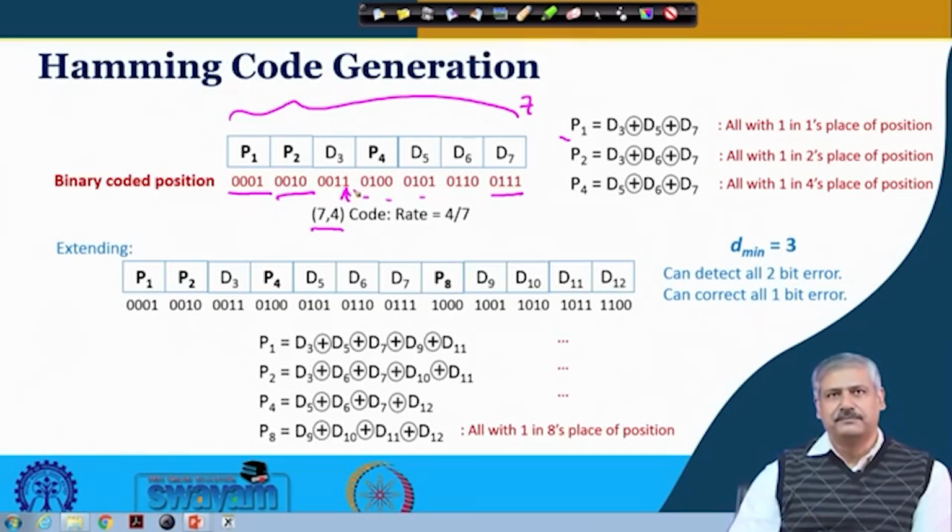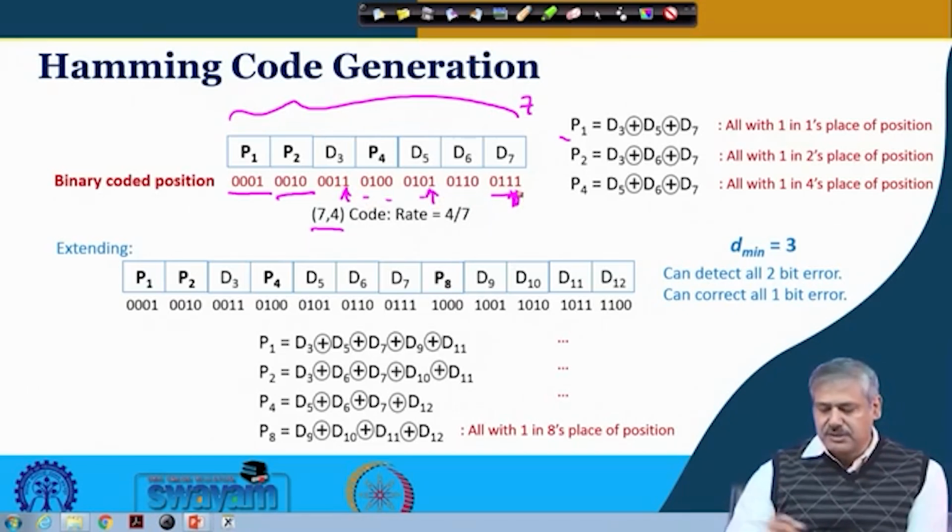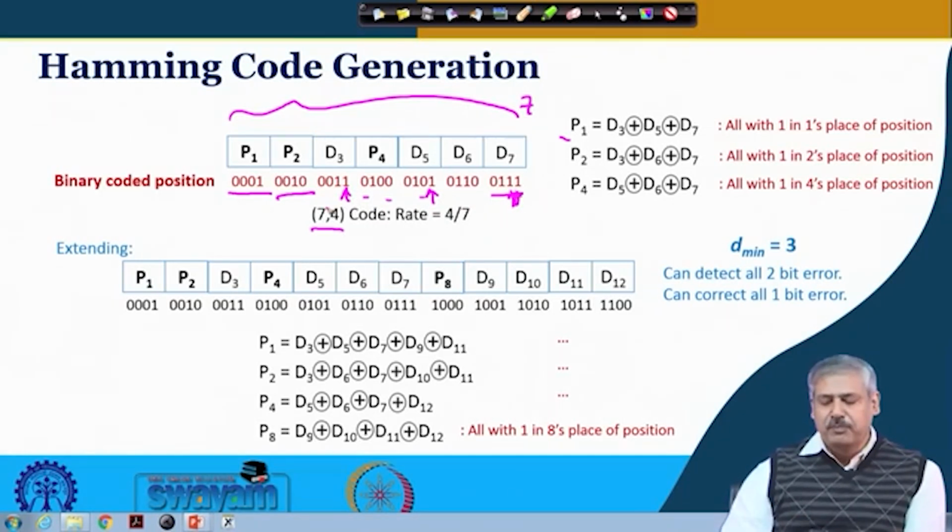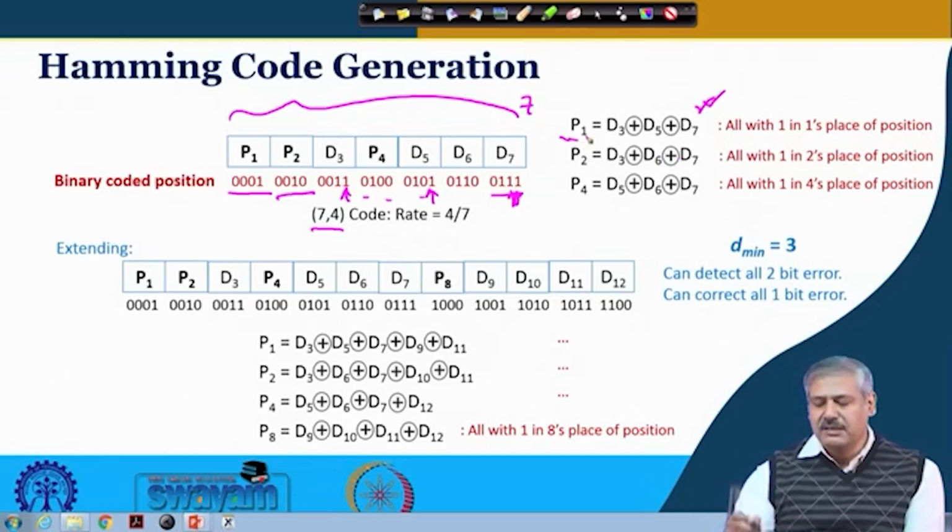Is it fine? So, D3, D5, D7. These are the places where we have a 1 in the units place. P1 will be generated by XORing these bits, whatever message you have. Whatever the bits are at these places, we XOR all of them together.